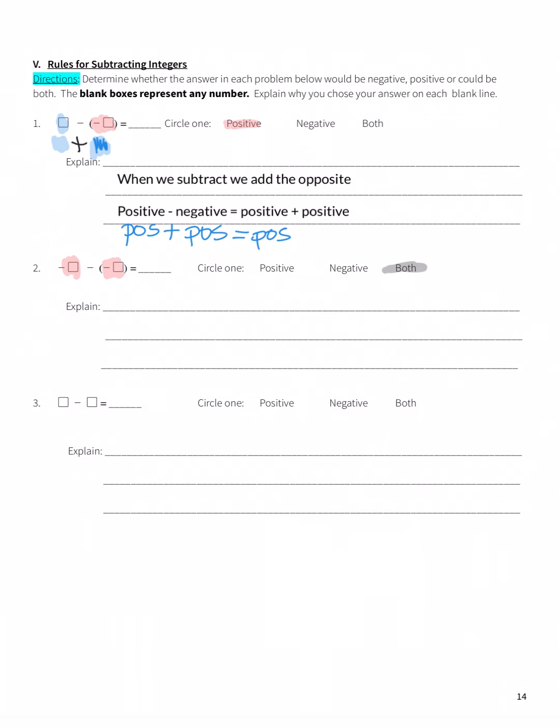Because when we subtract, we add the opposite. So we're going to change it to an addition problem, and then the one with the bigger absolute value determines the sign, or the one that's farthest from zero. You're going to notice that these rules are the same as the rules for positive after we change it to an addition problem, okay? So let's write this information in our notes.